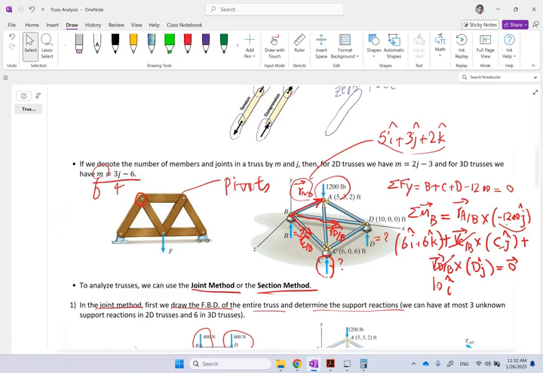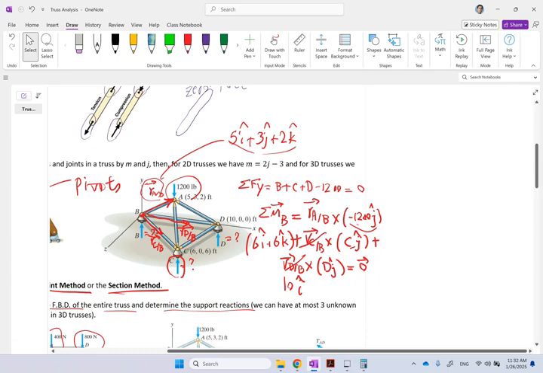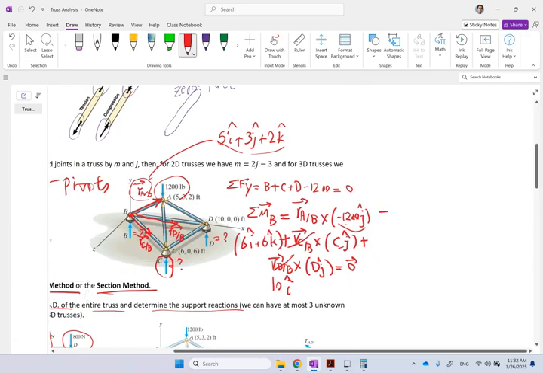Okay, so here you get one equation, and basically if you expand that, let me just continue here.